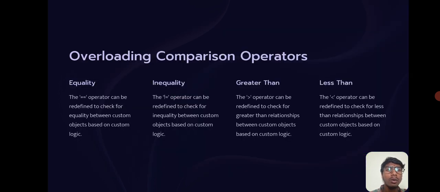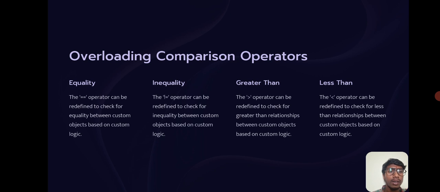Overloading comparison operators like equality, inequality, greater than, and less than. The equality operator, a double equals, can be redefined to check for equality between custom objects based on custom logic. Inequality. The operator can be redefined to check for inequality between custom objects based on custom logic.